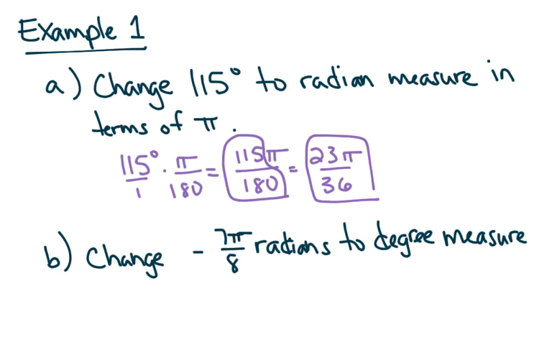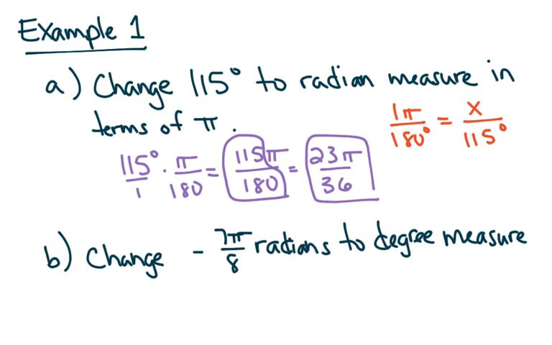Now, here's the other way you could attack the problem. A lot of times you're used to proportions. We do proportions all the time. We do proportions with the law of sines. We also are going to do some more work on something called dimensional analysis. So we know that 1 pi is equal to 180 degrees. So if you want to find out the radian measure of 115 degrees, you could set this up as a proportion.